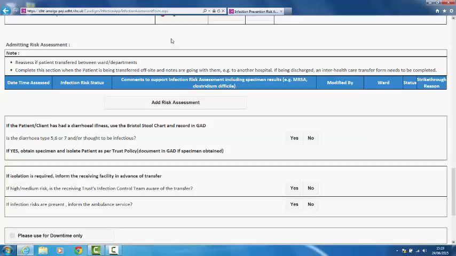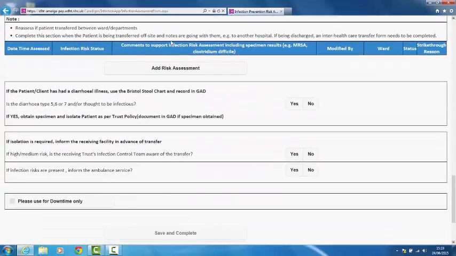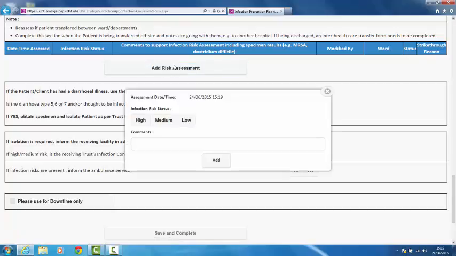Once we've undertaken our risk assessment and our patient requires a single room, if you've identified that there are additional factors to take into account and you felt that the side room door would need to be open, meaning the policy would be non-compliant, you need to complete this next risk assessment.